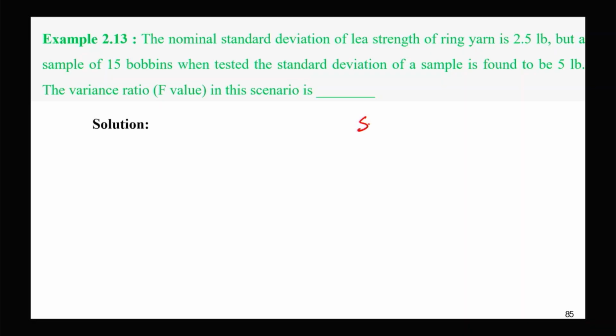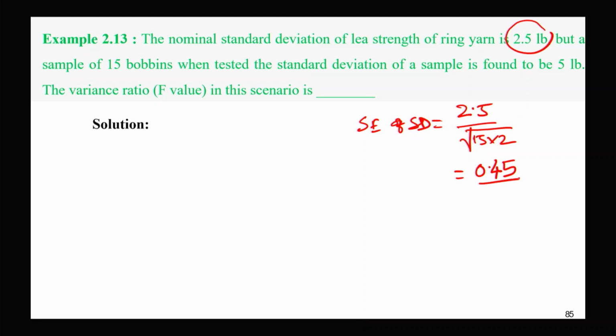The standard error of standard deviation: this is the nominal value, so definitely it will be the standard deviation of population, divided by the square root of 2n, with sample number 15. So it will become 0.45, which is the standard error of standard deviation.